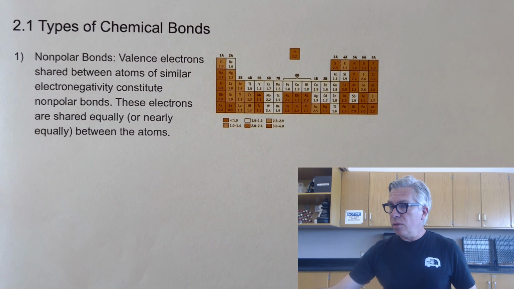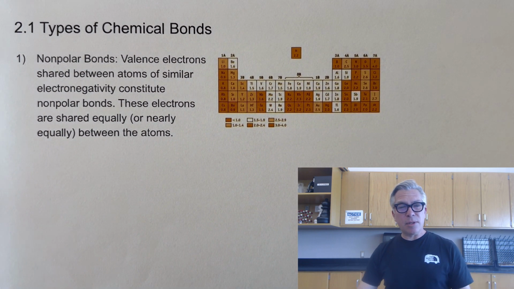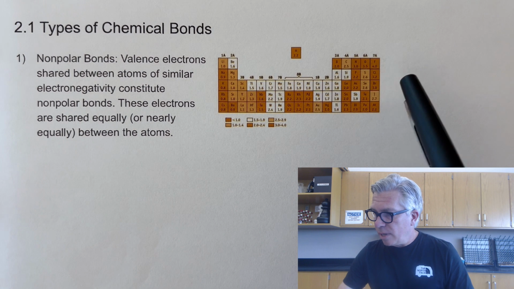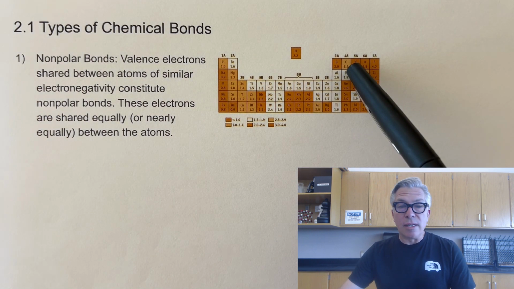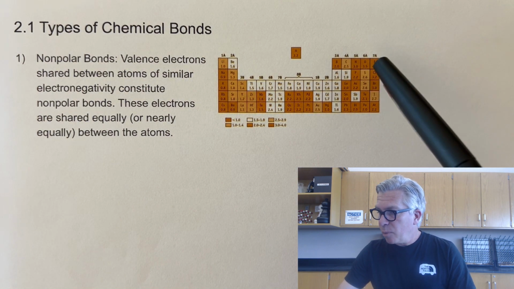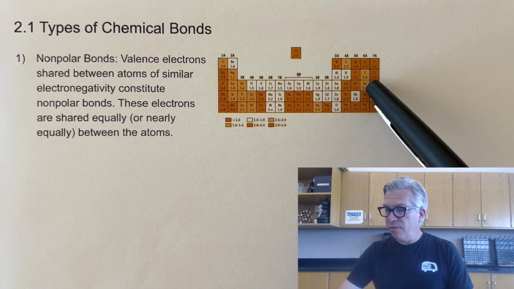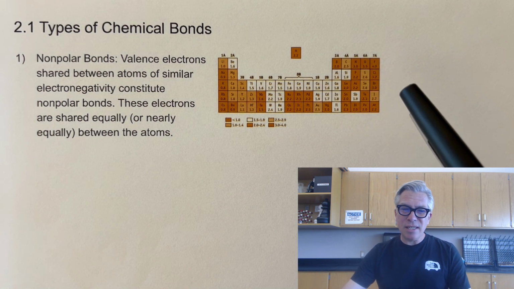So let's start with nonpolar bonds. Let's say we get a couple of atoms together who join up to make a chemical bond, and they have very similar electronegativities. You might think maybe a carbon with another carbon, they would be the exact same electronegativity. Or maybe a carbon with a sulfur, 2.5, 2.6. They're pretty equal.